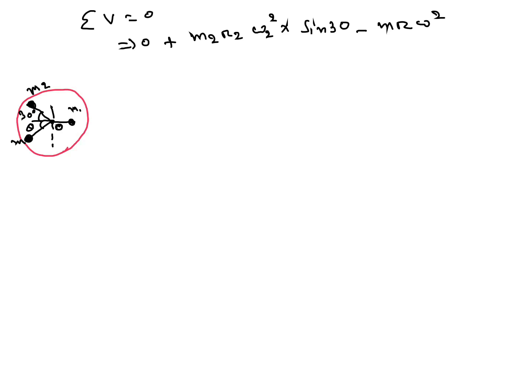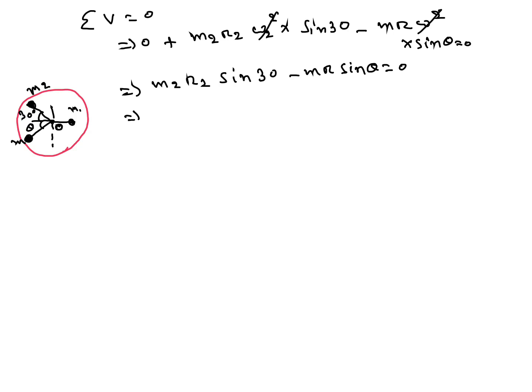Omega 2 and omega cancel, then m2 r2 sin 30 minus m r sin theta equal to 0. M2 value we put 0.5, r2 is 60 mm, sin 30 is 1 by 2, m value also given 0.1, r sin theta equal to 0.